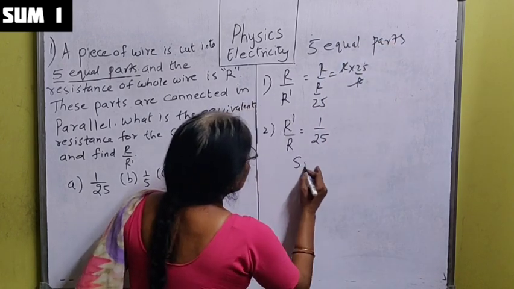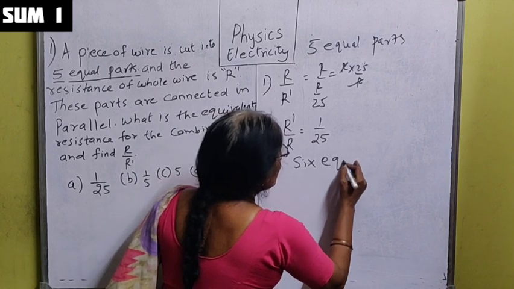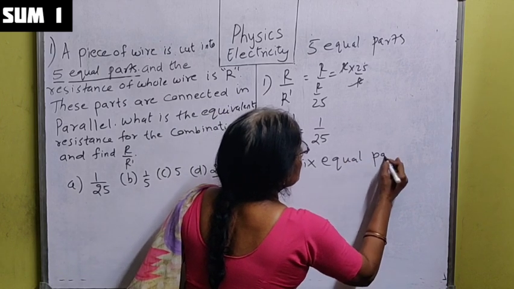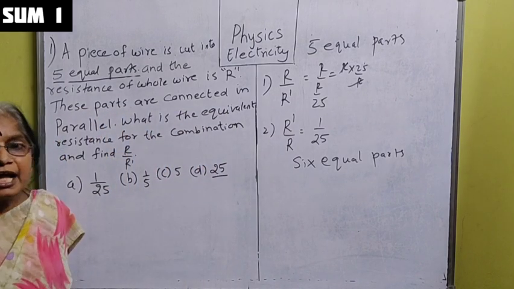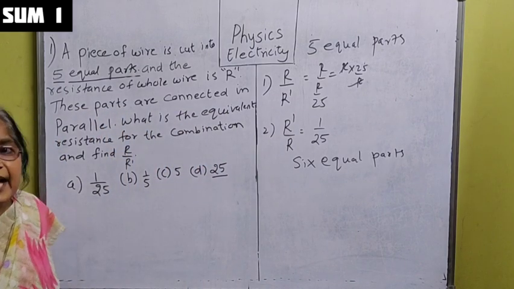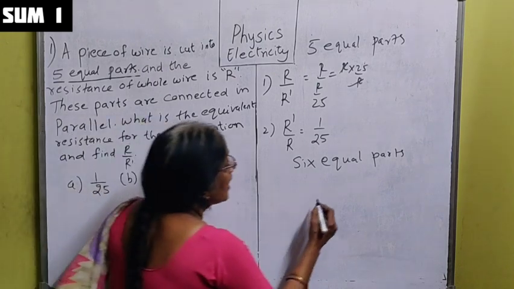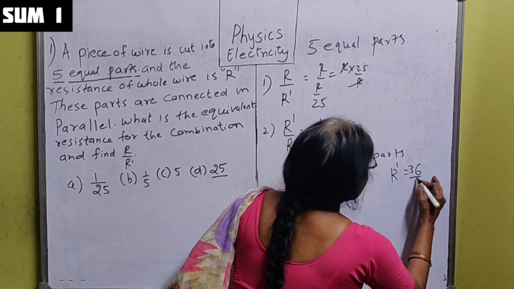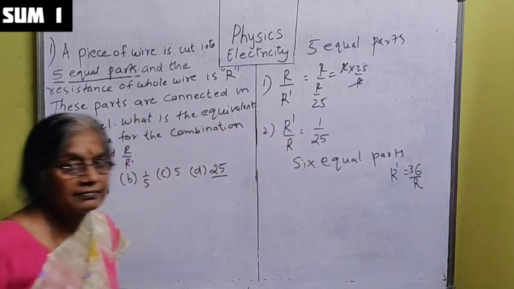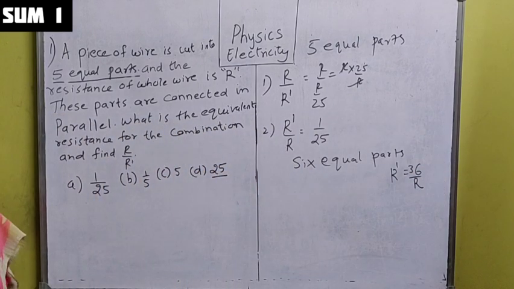Same thing is given for 6 equal parts. So what will that be? 6 by R plus 6 by R plus 6 by R. How many times? 6 times you are going to add it. So you will get 1 by R dash is equal to 36 by R. 6 plus 6 plus 6 plus 6, 36.